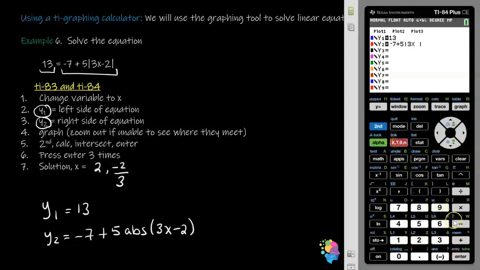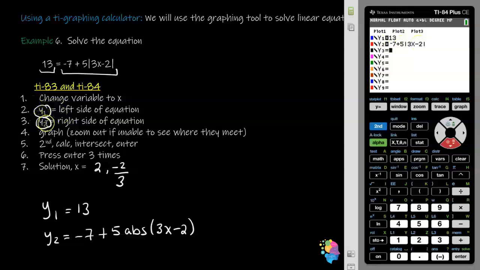And then -2, so this time I'm going to press the key next to the 6, -2. And then mine already has the closing absolute value bar, but for you, if you have the 83, you're going to have to close the parentheses. That parentheses to close it is up here on top of the 9. Alright, so now that I have, let me move down so that you can see both equations. Now I have the left side and the right side of the equation.